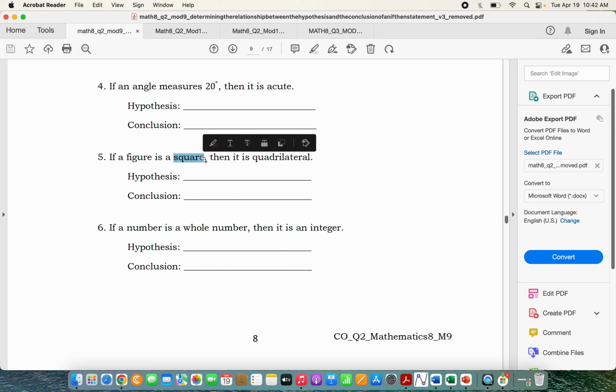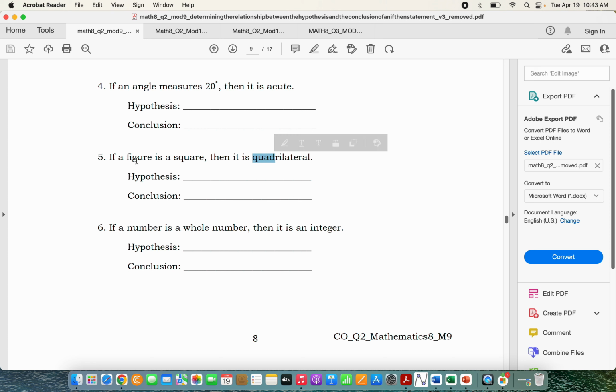Kapag sinabi natin square, rectangle, ano pa ba? Mga rhombus na yan. So they are actually 4-sided polygons. In general, we call them quadrilateral. From the word itself, quad. Quad means 4. Okay? The prefix here, quad, means 4.